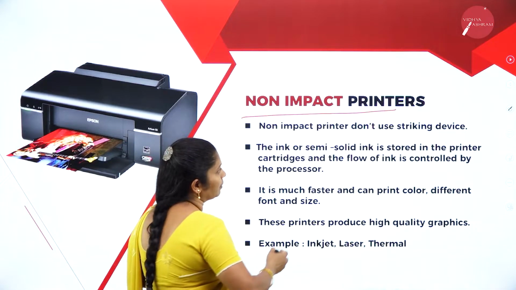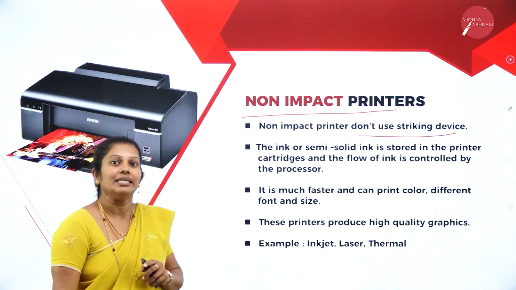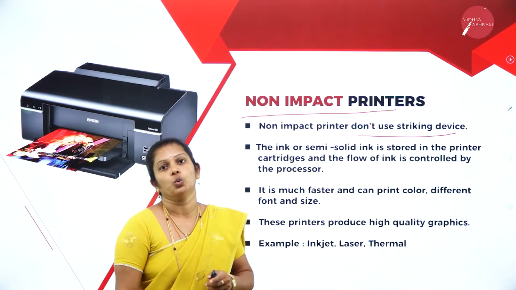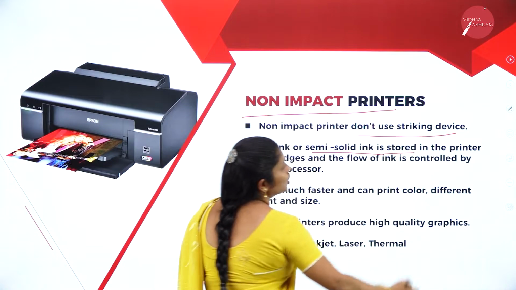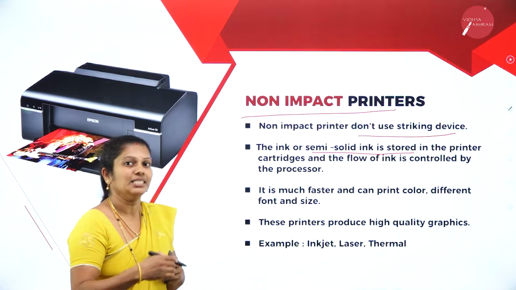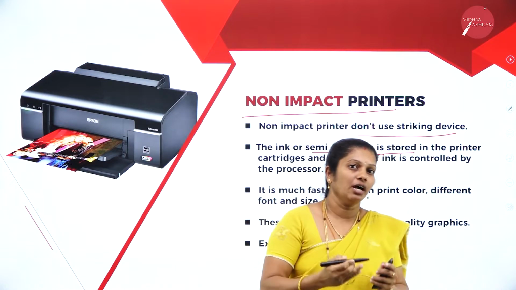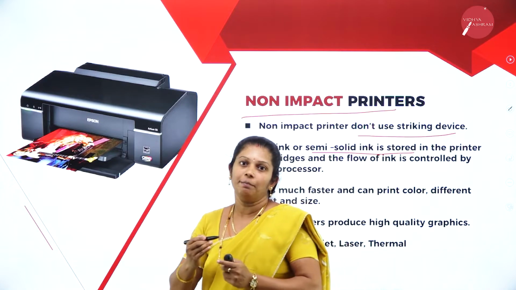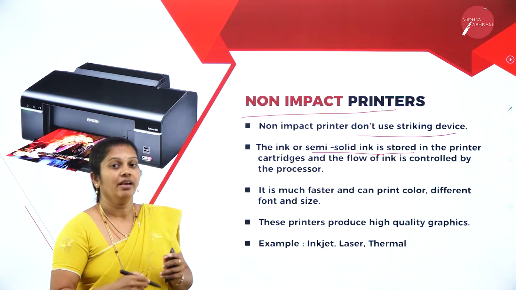Here the non-impact printer does not use a striking mechanism or striking device. The ink or semi-solid ink is stored in the printer as well as in the cartridge, and by that we can print images. When it comes to the characteristics of non-impact printers, we are not using a hammer-like mechanism.